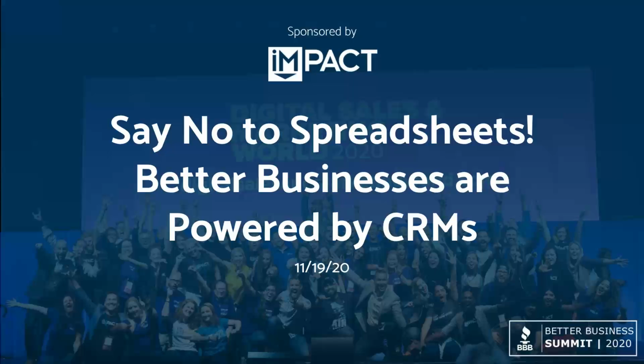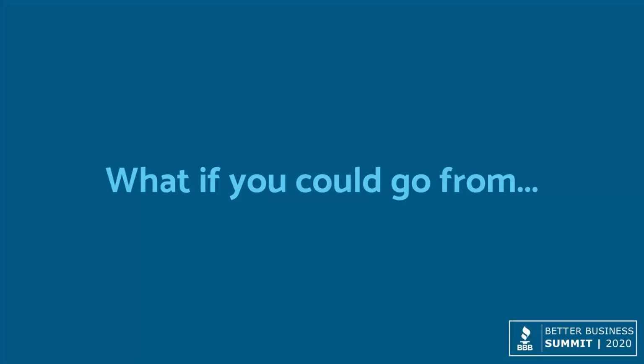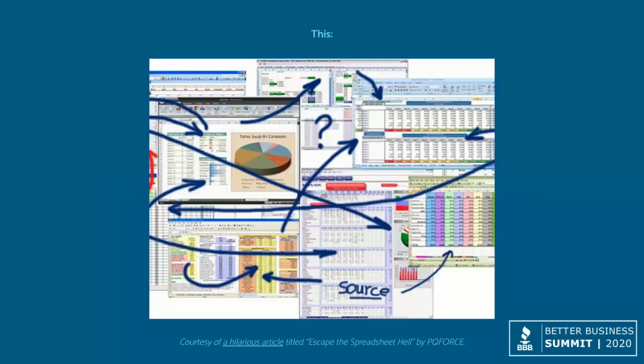So what if you could go from something that looks like this for your sales pipeline and reporting? Now, I was going to put together a document like this, a screenshot like this, based on what we used to use, but then I found this hilarious one from an article called Escape the Spreadsheet Hell that I just had to use, and many of you are probably nodding your heads right now, like, yep, that's pretty much what it looks like when I want to do an annual sales report or something like that.